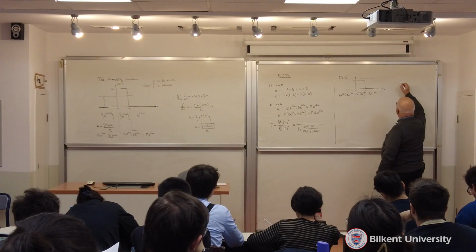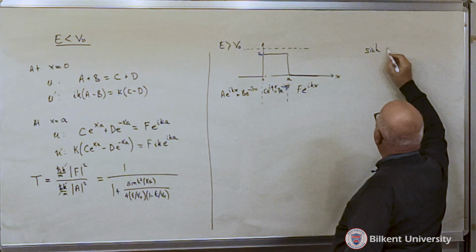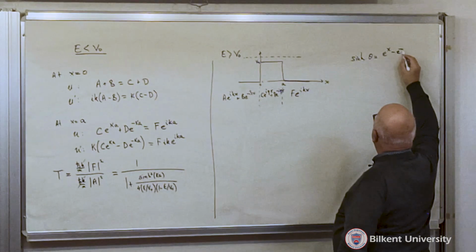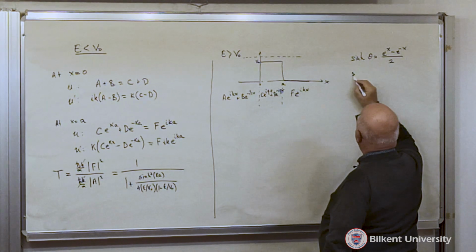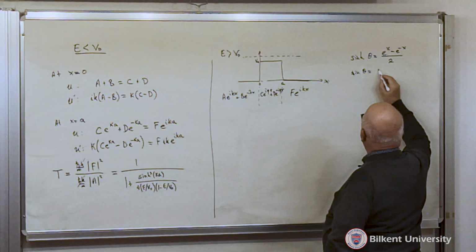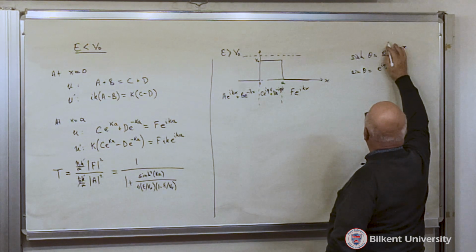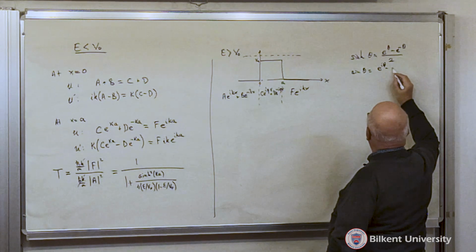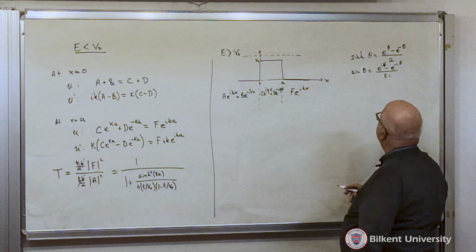So sine hyperbolic of theta is going to be e to the x minus e to the minus x divided by 2, whereas sine theta is going to be e to the I theta minus e to the minus I theta over 2 I.